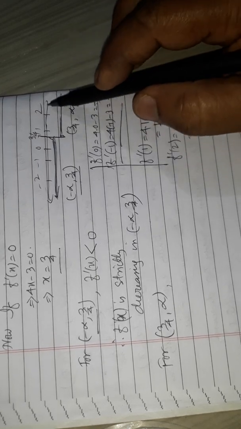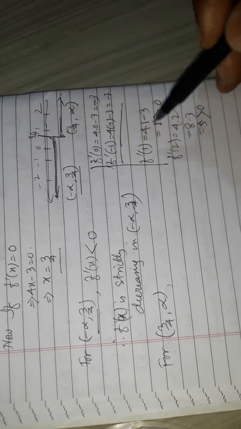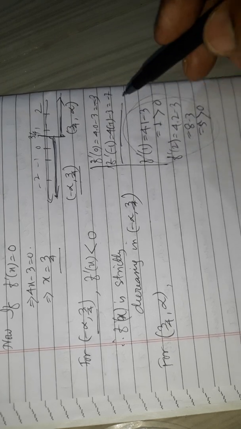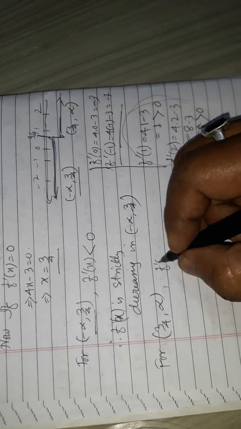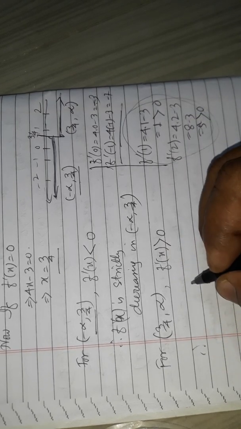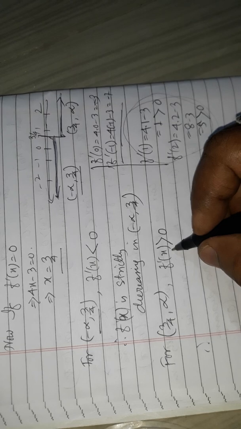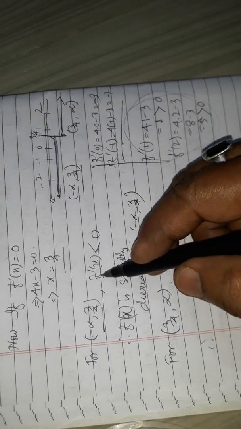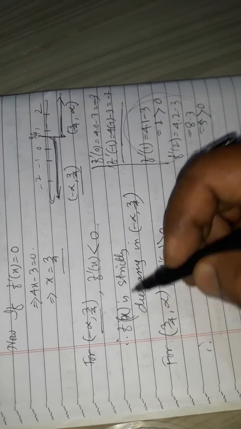If we put any value greater than 3 by 4, it gives a positive value. So we write f dash x is greater than 0.